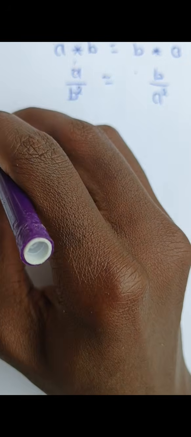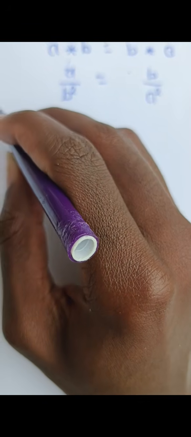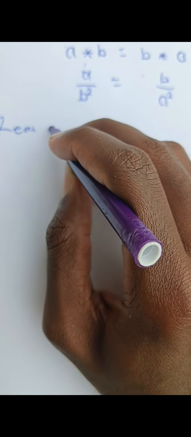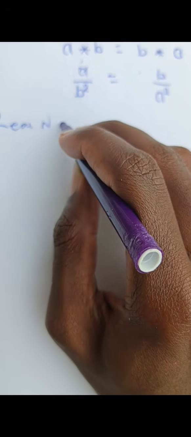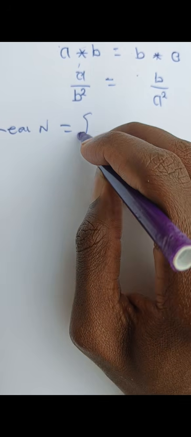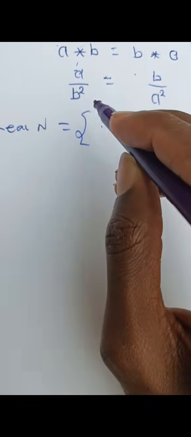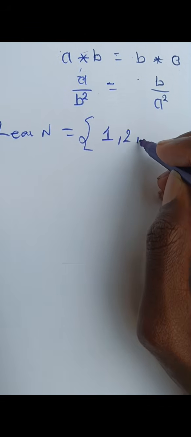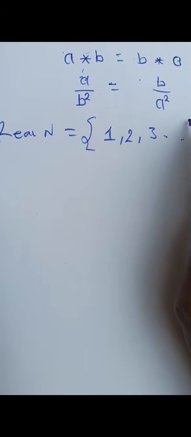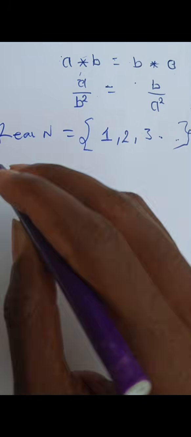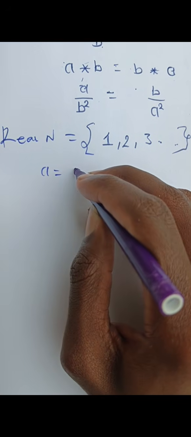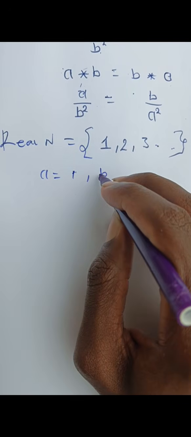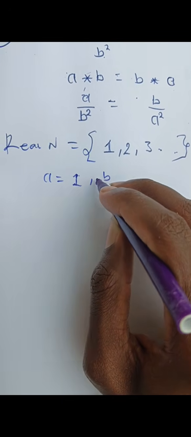Yes. So we are dealing with the real numbers, right? So let's come up with a set of real numbers. Let me just come up with something that is simple, like 1, 2, 3. So my A is going to be 1.